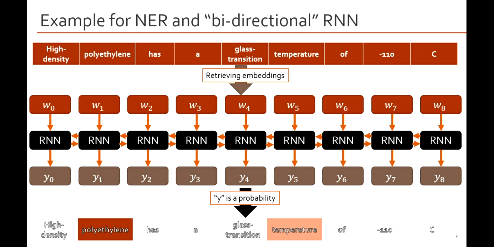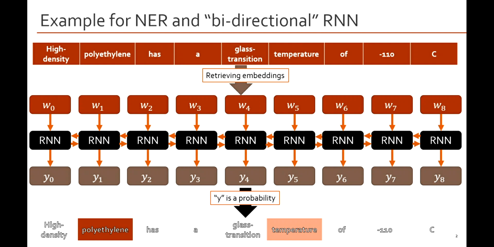and I can use that to color my sequence to say, all right, there's a really strong chance that polyethylene is a polymer. There's only one other noun in the sentence. Well, actually there are two. The -110 is also a noun. Temperature could also be a polymer, but I'm less confident about it, so I can assign it a lower probability score.